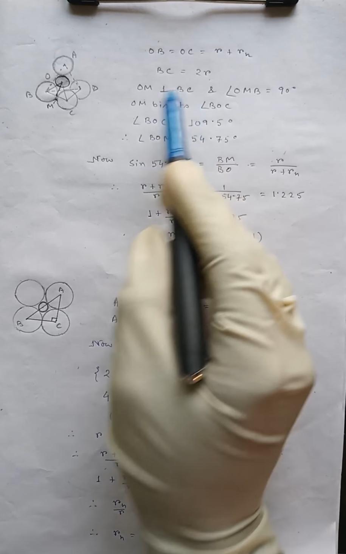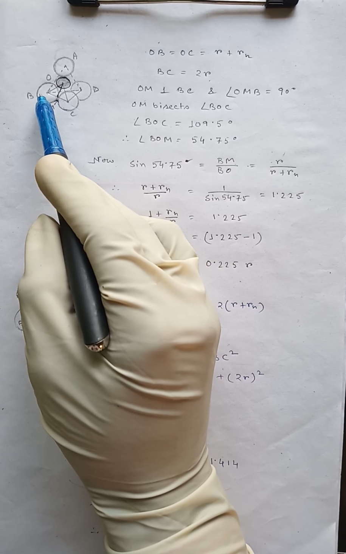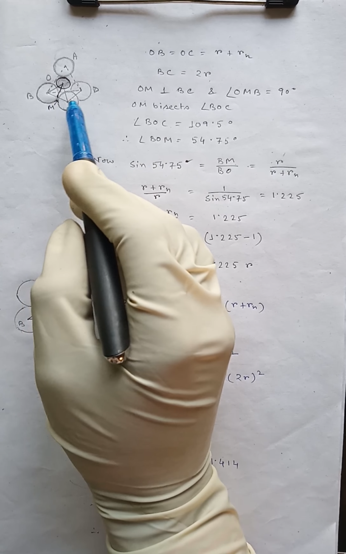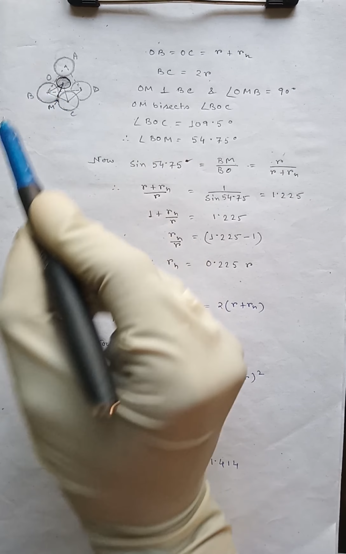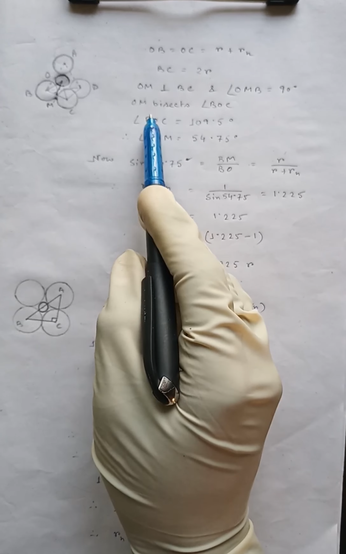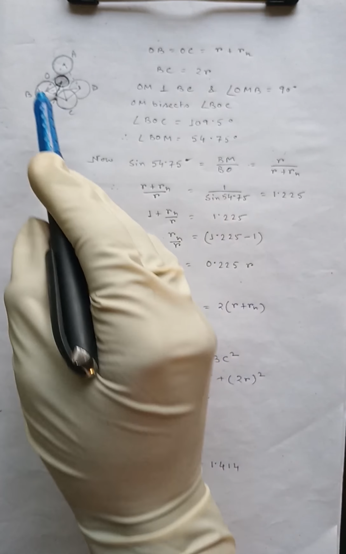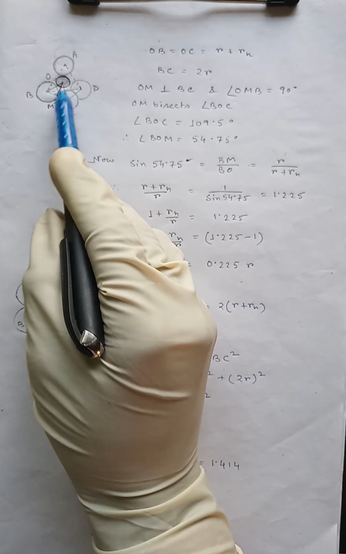Now OM is perpendicular to BC. So angle OMB is 90 degrees. And OM bisects the angle BOC. This angle is being bisected by OM.